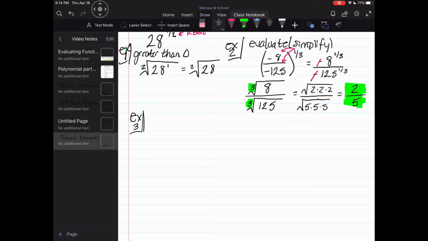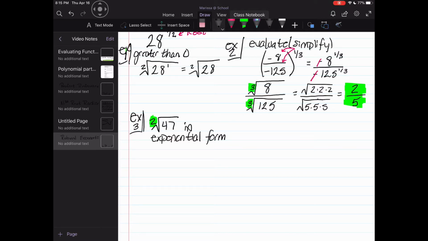3 here. So I want you to write radical 47 as an exponent, or in exponential form is how I'll write this. So write the radical of 47 in exponential form. So if I have nothing outside here, we automatically assume that it is a 2.